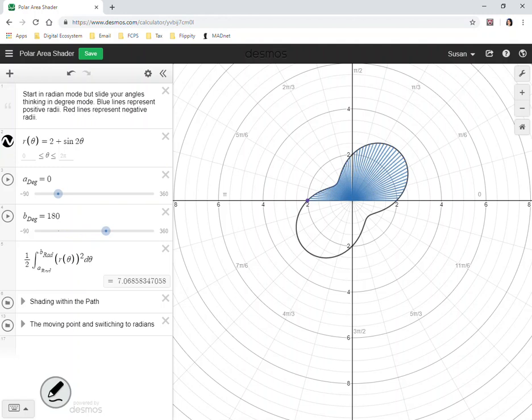So these all have the exact same values. Your X is your theta and your R is your Y. You just have to know that the rectangular wraps it this way, and the polar wraps it back into a full circle.